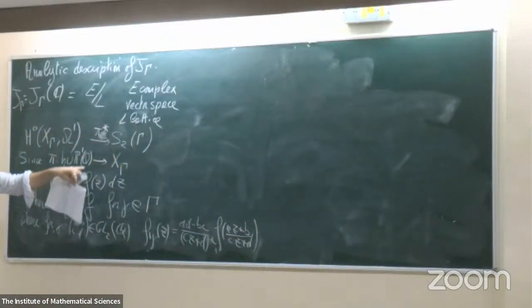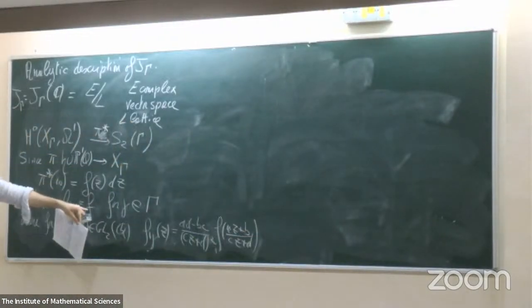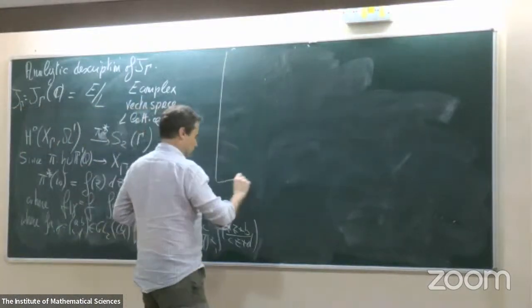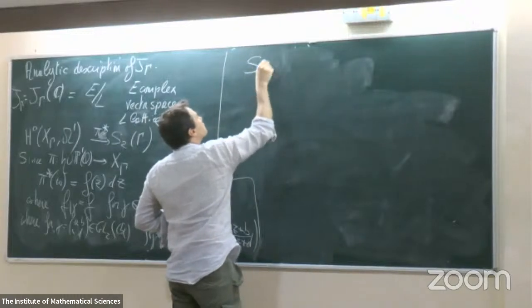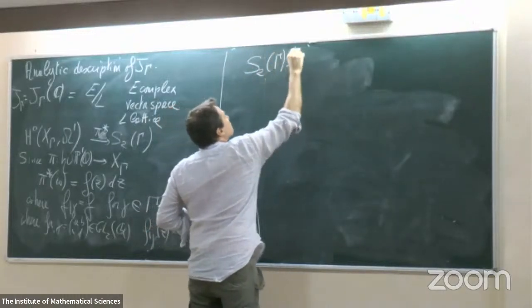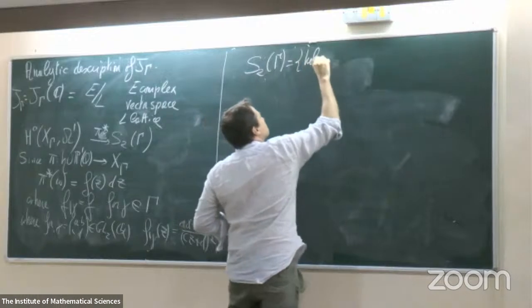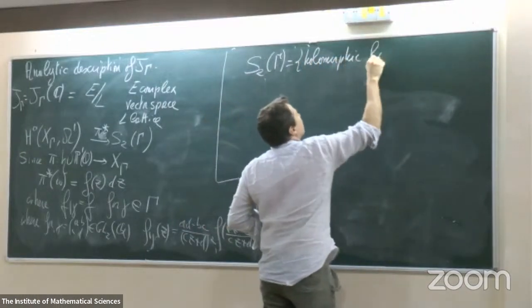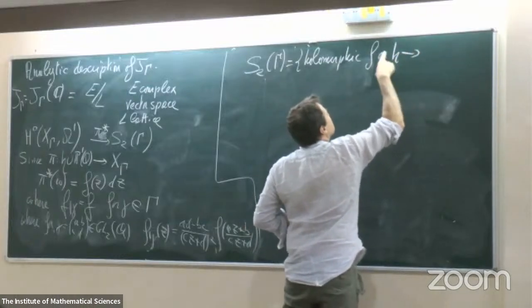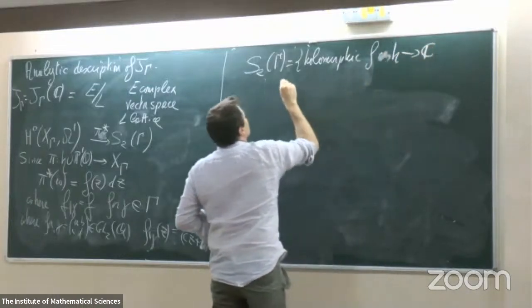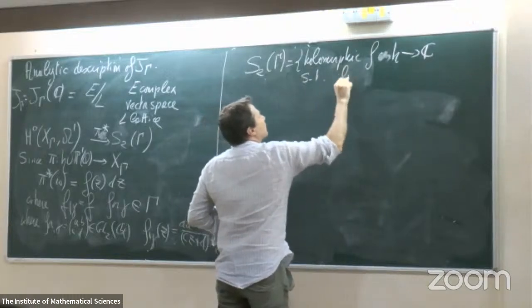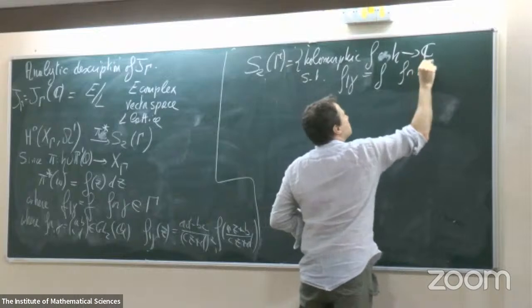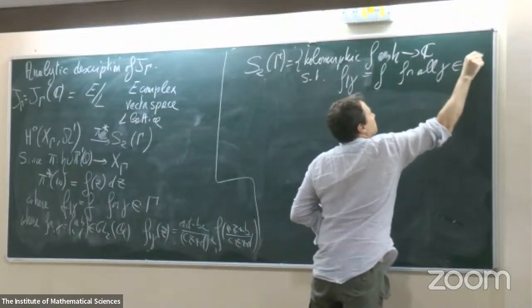So S_2(Gamma) is the set of holomorphic functions f on the upper half plane such that f slash gamma is equal to f for all gamma in Gamma.